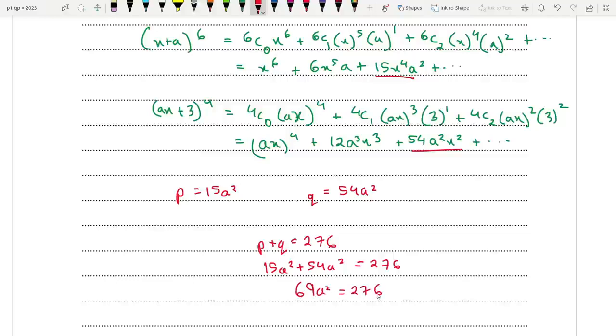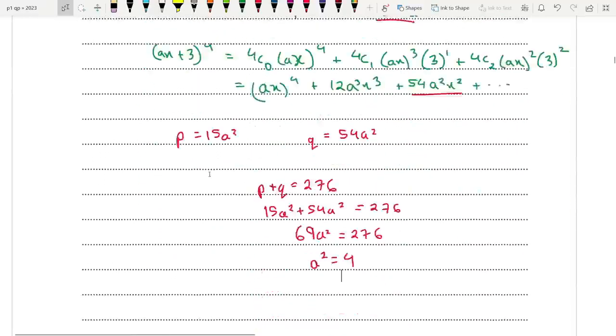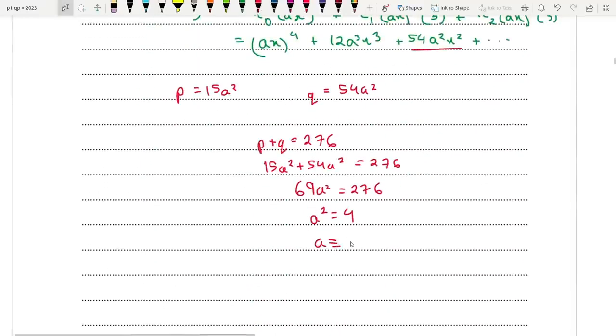So 276 by 69 is 4. So they said find the possible values of a. So a can be plus minus 2. Okay, moving on.